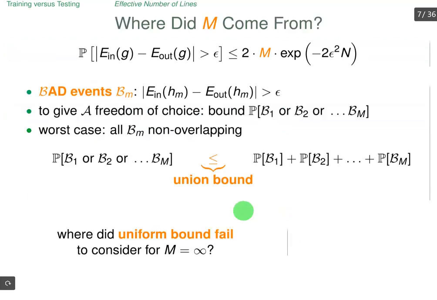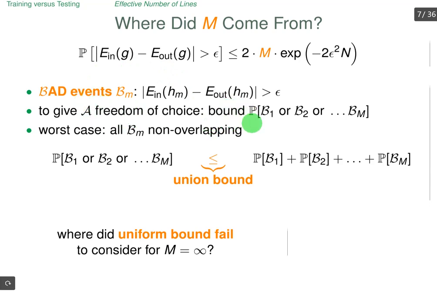So let's take a look at these first and then ask, where did m come from in the first place? m comes from all bad events, right? This is our bad event again. We extended the single bin experiment to multiple bins, associated with the multiple hypothesis set, so that our algorithm can make some choices.